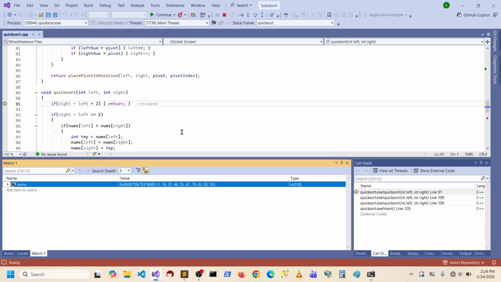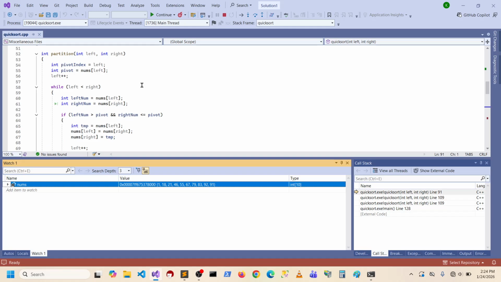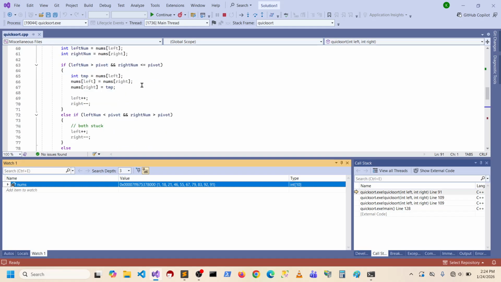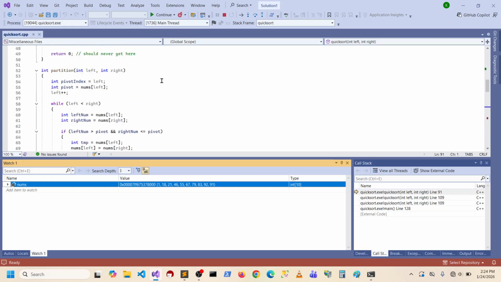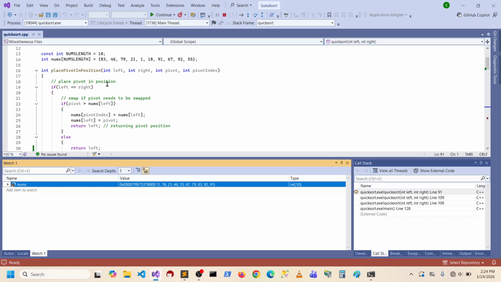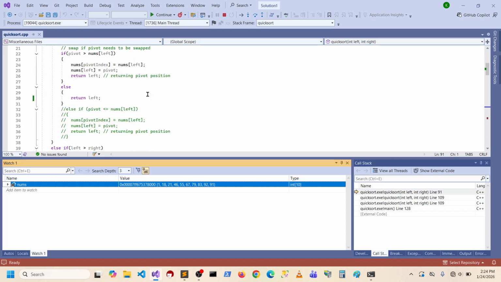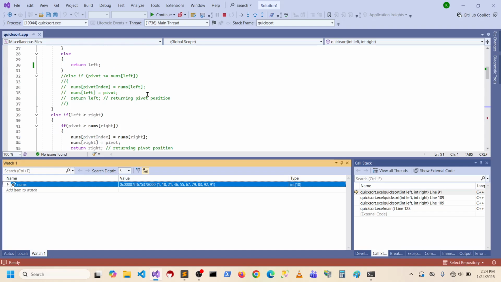And I know there's code in there to do that, but it's here in the partition, isn't it? No, it's here, right? Position. Else if left is greater than right.